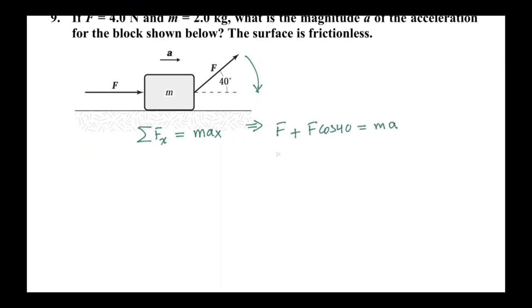You substitute numbers, F equal to 4 plus 4 cosine 40 equal to 2AX, and you simplify this one here, you will find A equal to 3.5 meter per second square, and it's in the positive X axis.